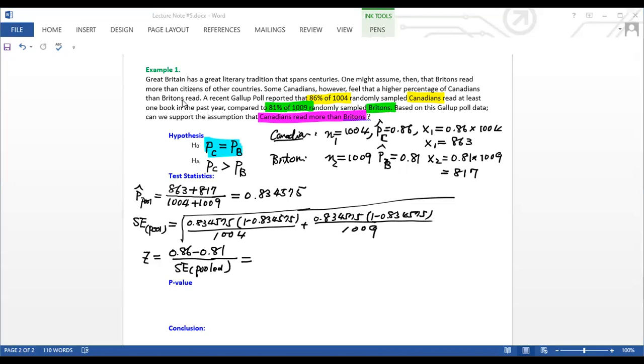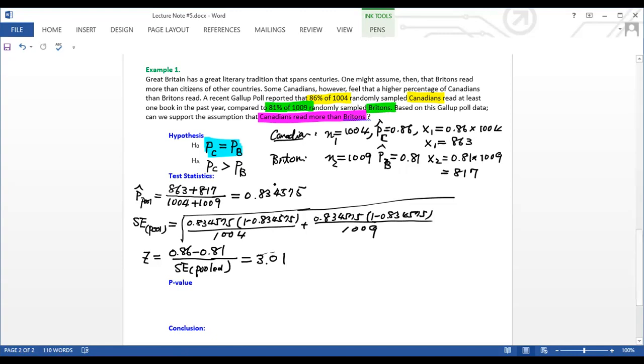Let's see what is the test statistic. If I do that, I got 3.01. This looks very complicated, right? That is why the TI calculator becomes handy here.